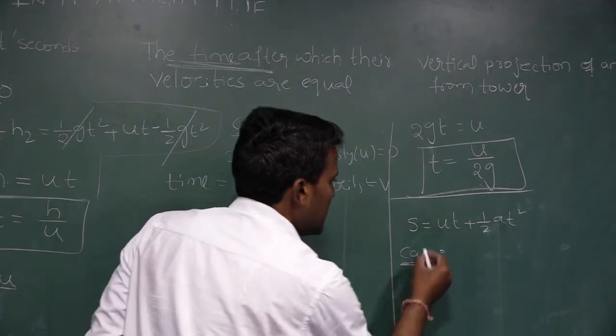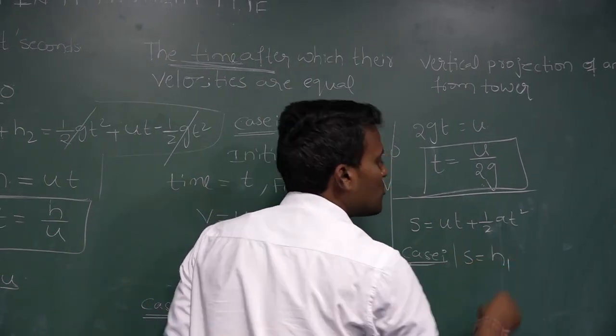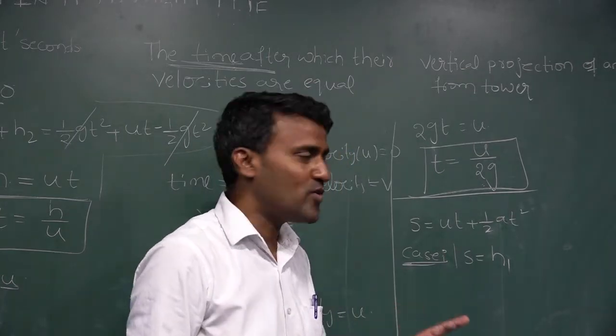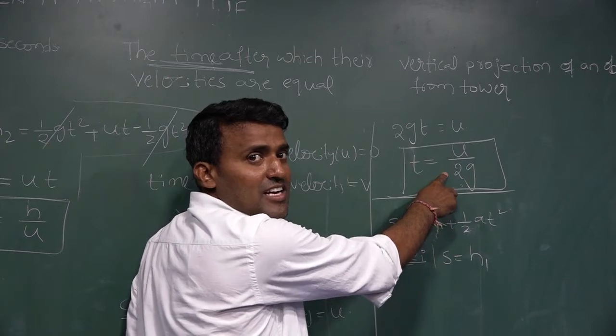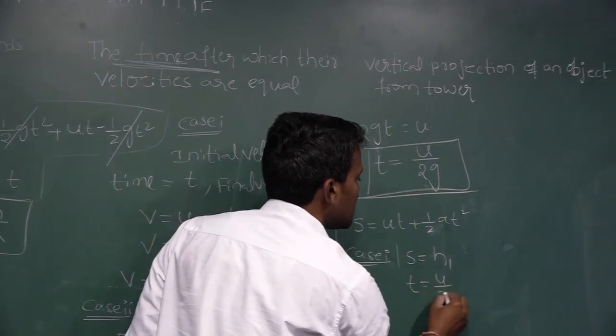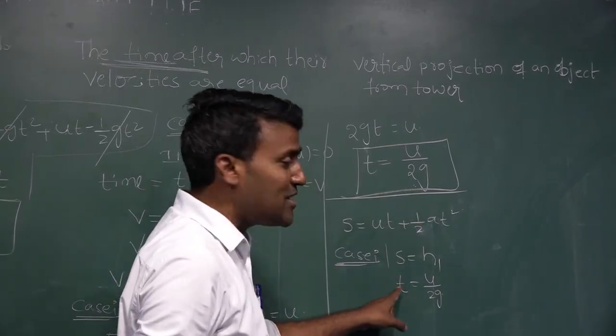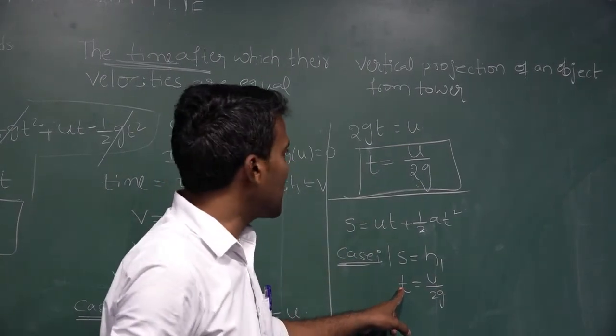So here s, the distance travelled by the body, is h1, and the time interval t, we already calculated, is u by 2g. After this time interval only, how much distance it covers, that we are calculating.